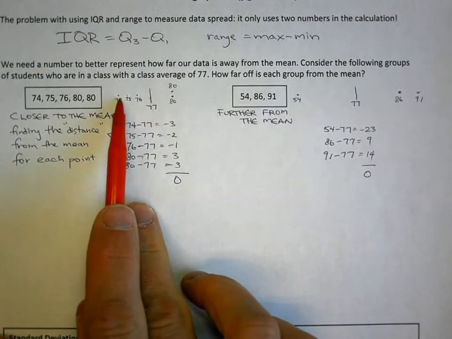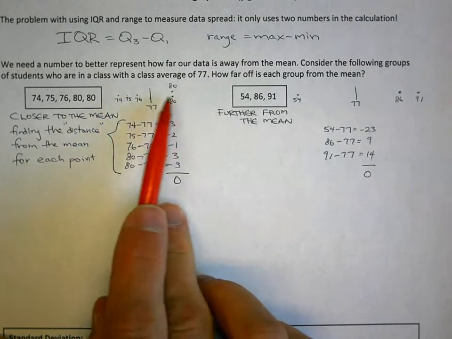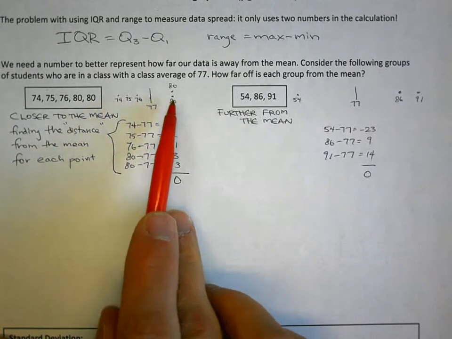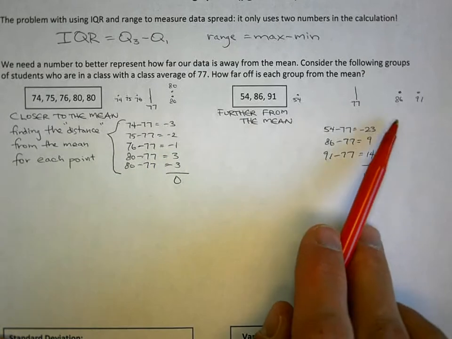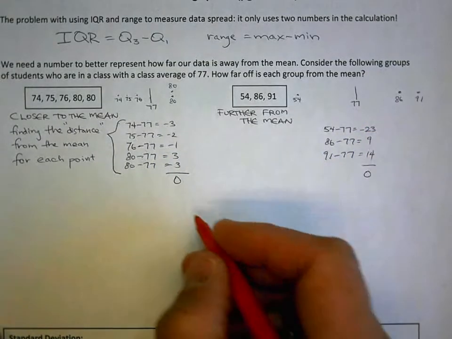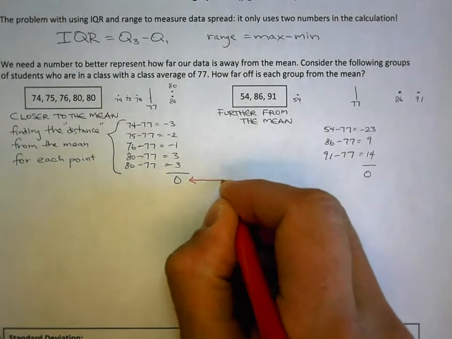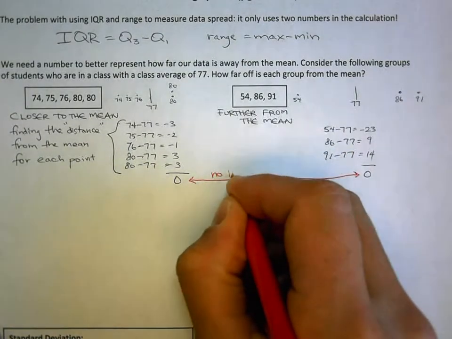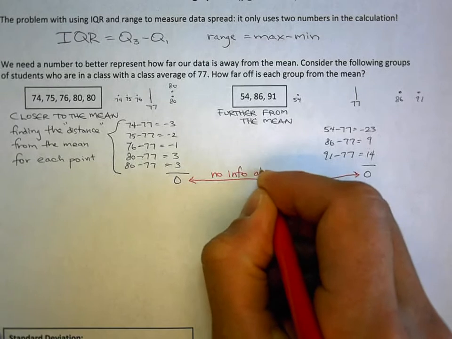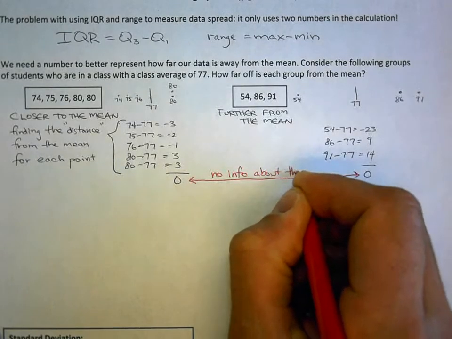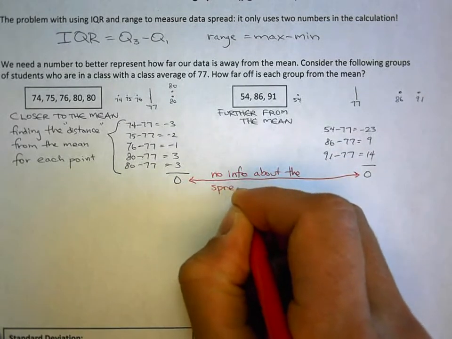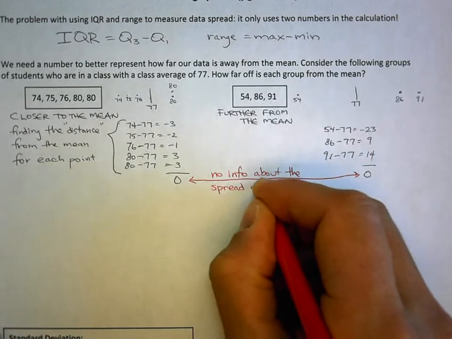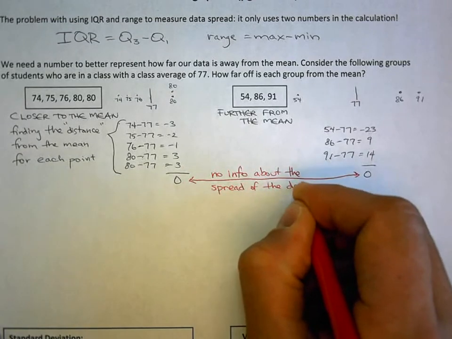So if I add up all the numbers that are to the left and all numbers to the right, the distances are going to balance each other in both these cases. So this makes sense. But it's not great, right? Because when I add up all these distances, I don't have any information about the spread of the data, because 0 and 0 doesn't distinguish these two data sets from each other.